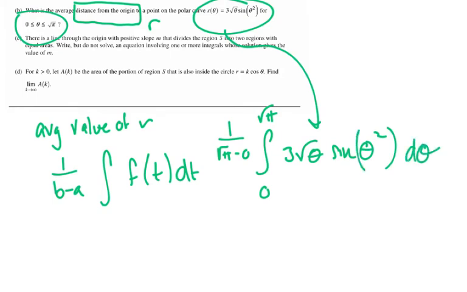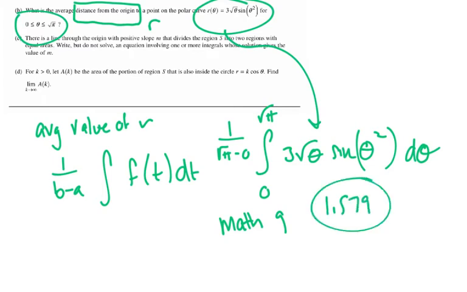And this also is to be evaluated on math, what was that, math 9? I already forgot. I think it's math fnint, math 9. Math 9 that, and you get 1.579 or 1.580. Was that the average distance from the origin? So as you go along that curve, the average length of that curve from the origin, the distance to the origin, is 1.579.